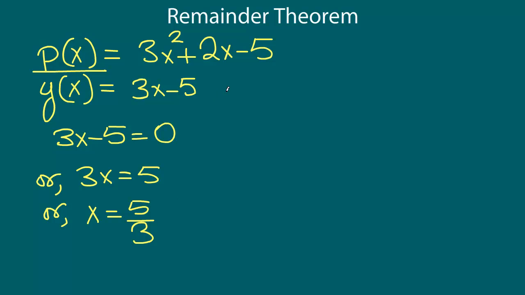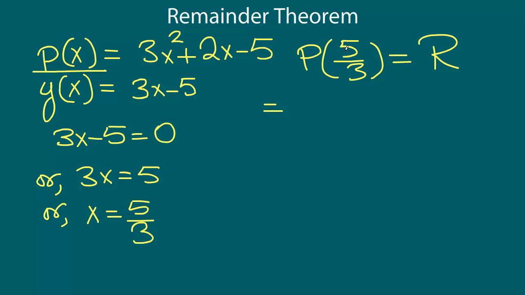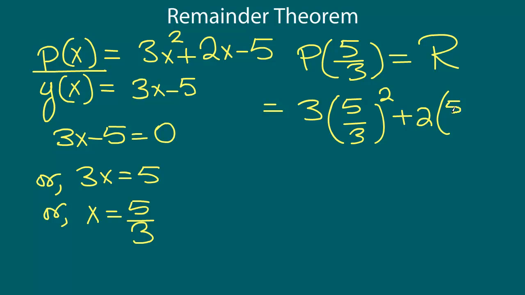And now we know that the remainder of this division will be nothing but the value of the polynomial at x equals 5 by 3. So if we simply find this out, we will get our remainder. So let's find this value. So we have 3x squared. So we have 5 over 3 squared plus 2x, right?